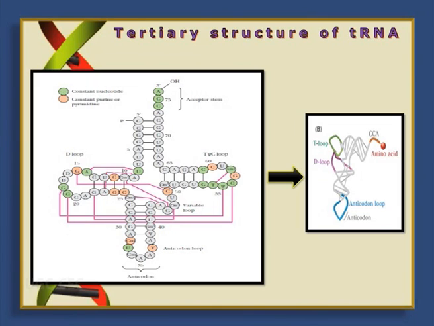As a result of their coming close to each other, the cloverleaf model gets folded into an L-shaped structure. In this L-shaped structure, we find that the amino acid stem is present at one end of the structure, followed by the anticodon stem which is present at the opposite end. The D-loop and the T-loop are found at the corners. Thus, the tertiary structure of tRNA is formed due to the interaction of the different bases present in the different stem loops of tRNA.